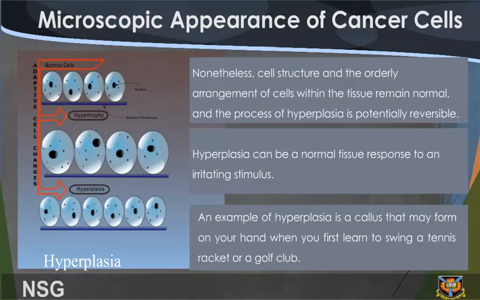Nonetheless, cell structure and the orderly arrangement of cells within the tissue remain normal, and the process of hyperplasia is potentially reversible. Hyperplasia can be a normal tissue response to an irritating stimulus. An example of hyperplasia is the callus that may form on your hand when you first learn to swing a tennis racket or a golf club.